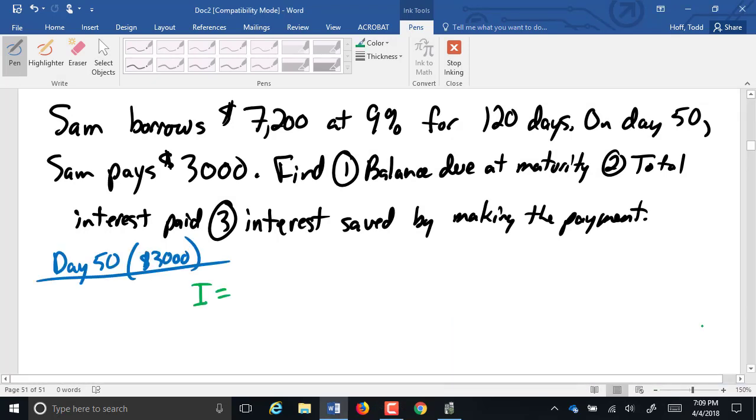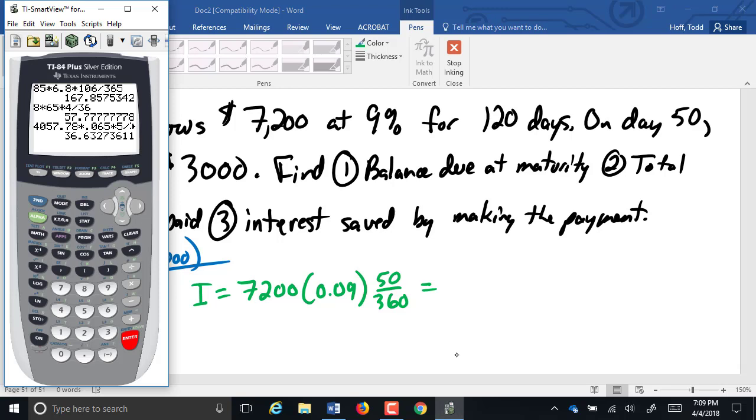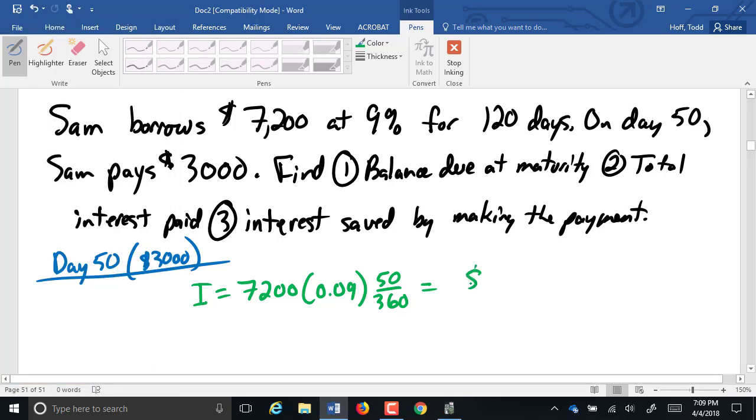Okay, so our first action is on day 50. On day 50, there's a payment, but we have to find the interest first. So our principal is 7,200. Our interest rate is 0.09, and it is day 50. So 50 over 360, because it's not specified as exact. Giving us interest of $90.